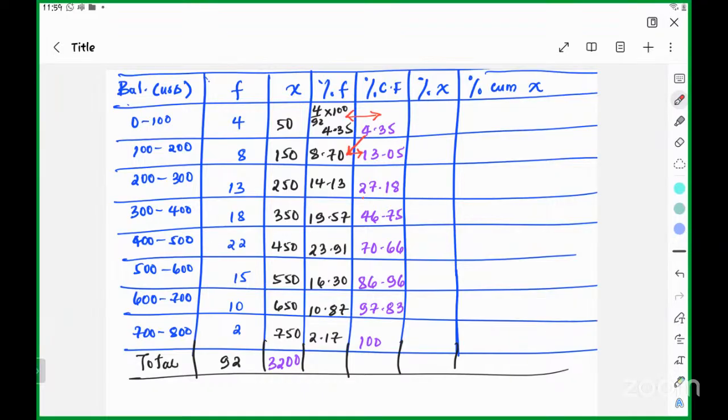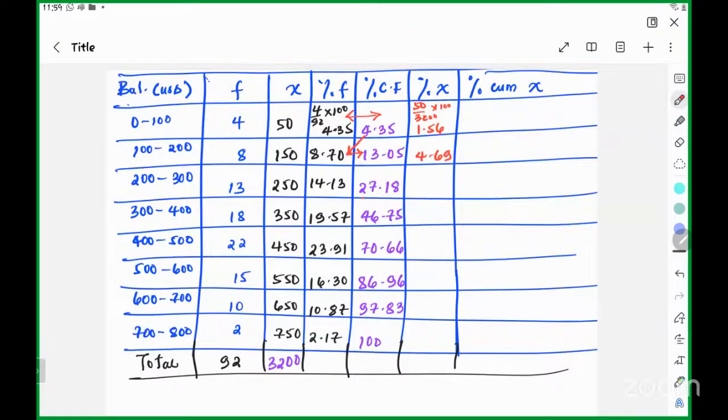Okay guys, we move on. Total X is 3,200, right? So to get percentage X, it will be each of them out of 3,200 times 100. We are maintaining 2 decimal places. What do you get? 1.56. Okay. Next. 4.69.